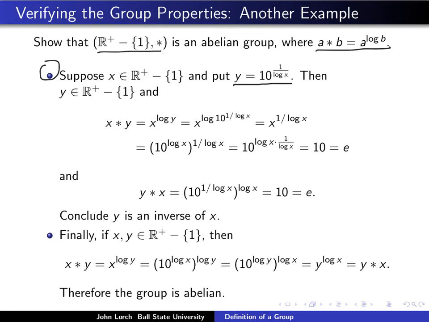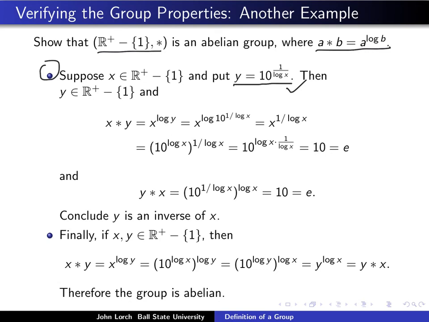Okay, so anyway, we're given this element x, that's a positive real number other than 1, and I'm proposing to you that this strange-looking y is an inverse for x in this group. So I've given you two chains of equations to consider.